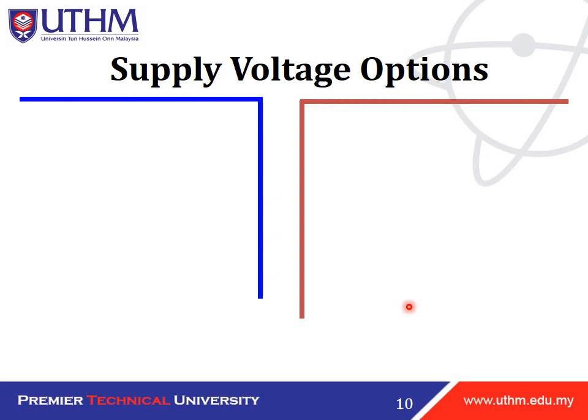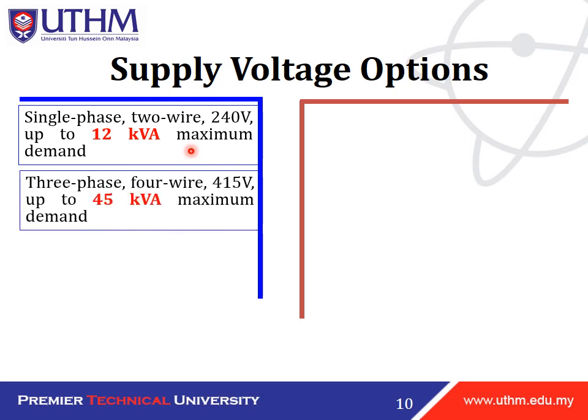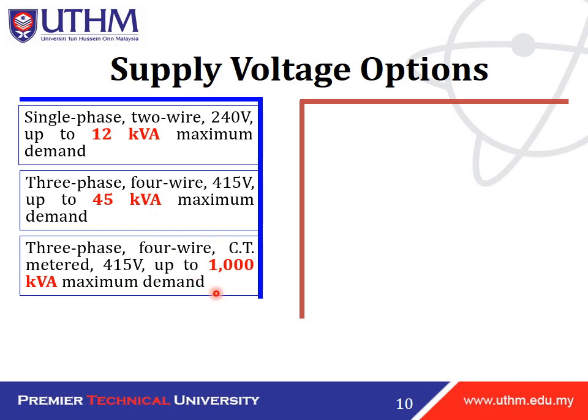As we have done before, we have two types of supply voltage options. The first option has these characteristics, such as single phase 2-wire 240 volt up to 12 kVA maximum demand. And then we have 3-phase 4-wire 415 volt up to 45 kVA maximum demand.